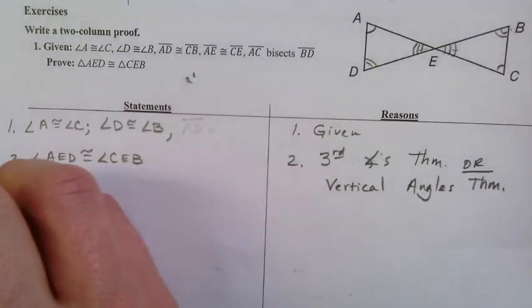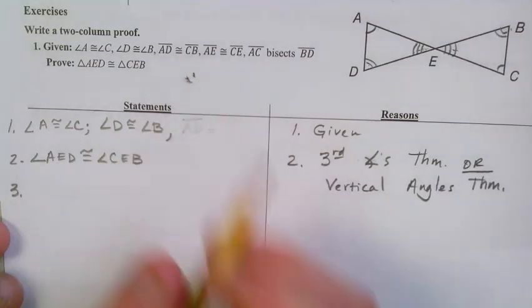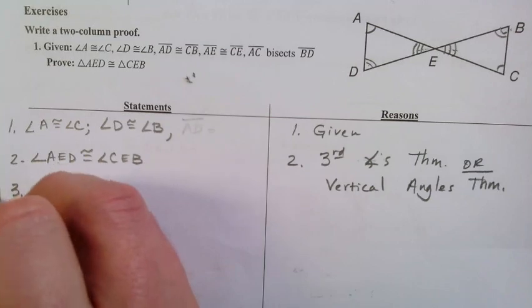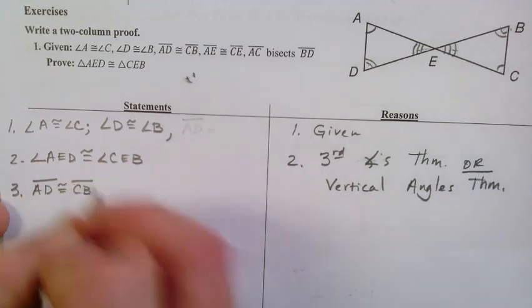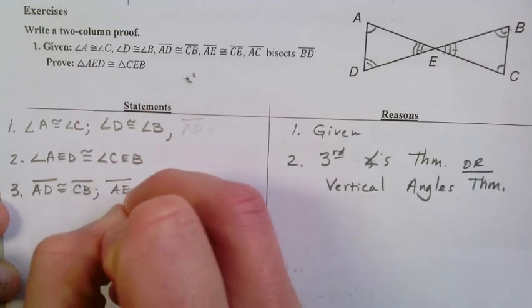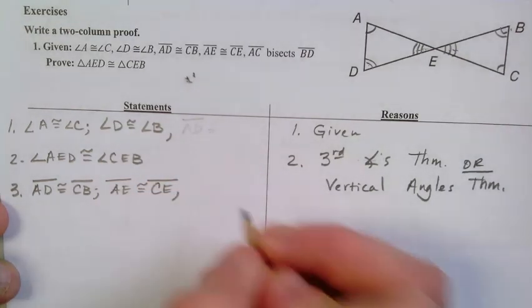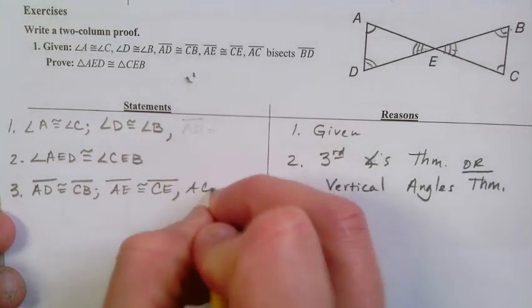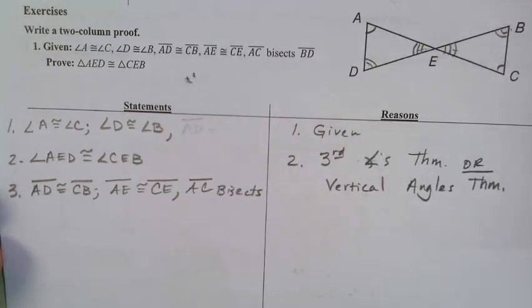Now, I could have put the entire given in the first step, but I'm going to hold off and use the segments for the third step here. So I'm going to say AD is congruent to CB. I'm going to say that AE is congruent to CE. And then they're not as specific on this next part. They say that AC bisects, I should have marked these.